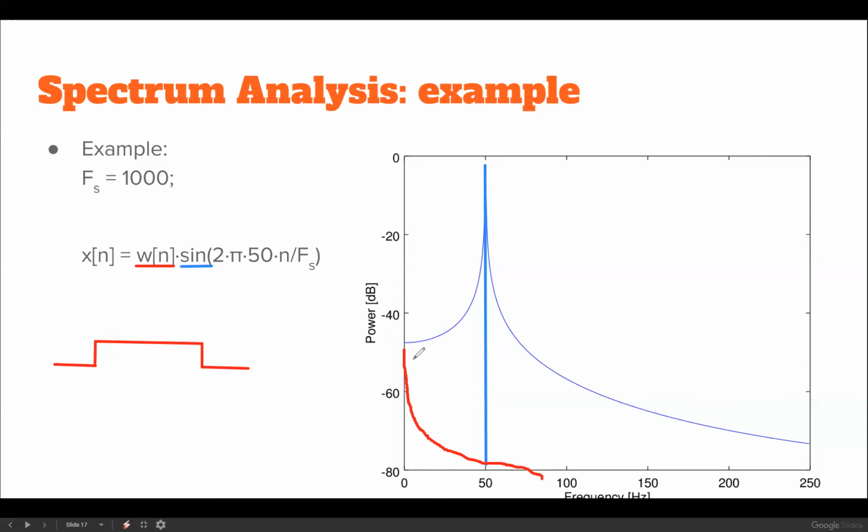And also the left-hand side. Remember, this is symmetric. But this is going to be really ugly. Okay, so this is the spectrum of the window box. This is the spectrum of this sinusoid. So this one ends up being this convolved spectrum in here.